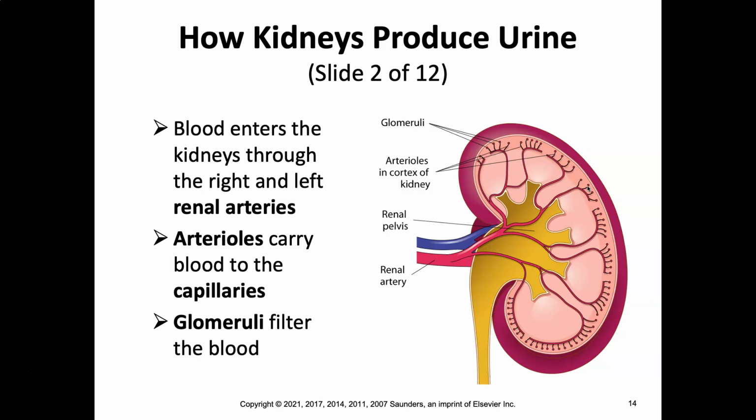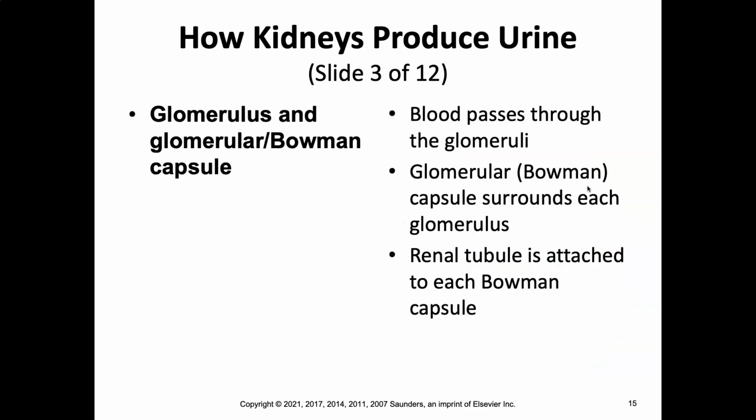And then the walls of the glomeruli prevent large substances, because this depends on molecule size, such as proteins and blood cells from filtering into the urine. They keep them out. These substances remain in the blood and normally do not appear in urine. So that kind of tells you how.